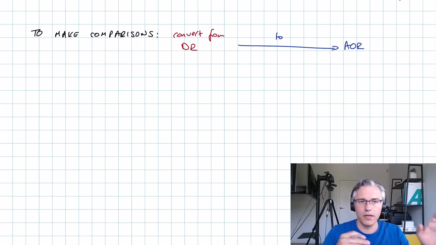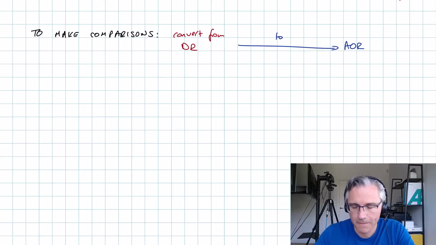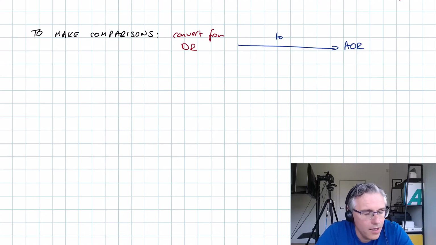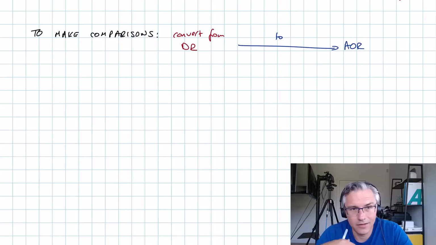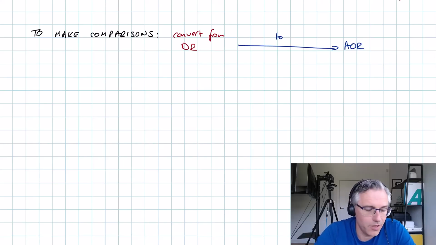Okay, so that's the way to go, not the other way around. Obviously you could, but the recommended approach is to go this way, because the AOR approach is more meaningful in thinking about a rate of return on an investment, because it's got the PV in the denominator of the fraction, so it makes more sense.